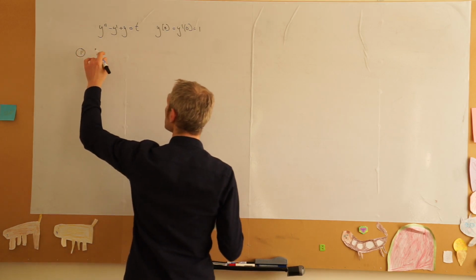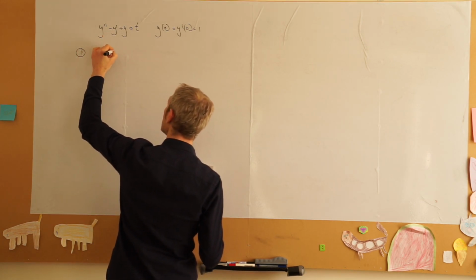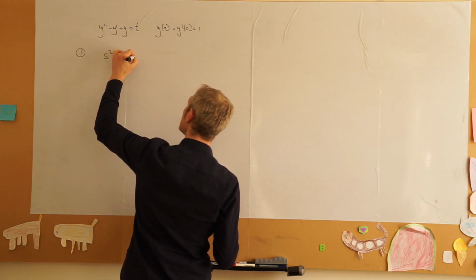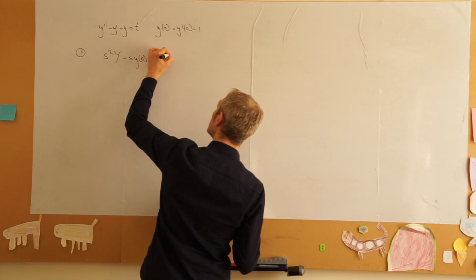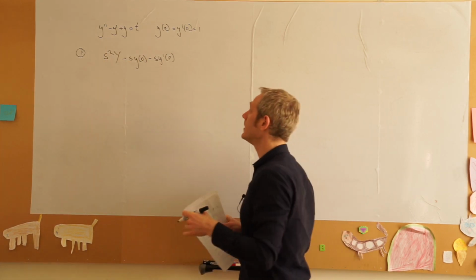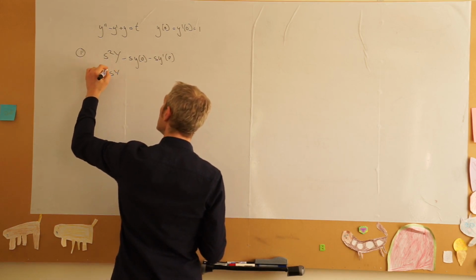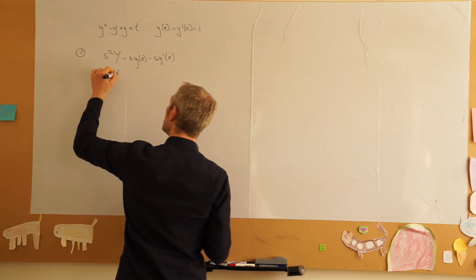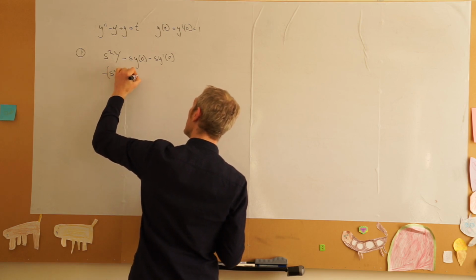Now the Laplace transform of y'' is equal to s squared Y minus s y(0) minus y'(0). The Laplace transform of minus y' is minus s times Y minus y(0).